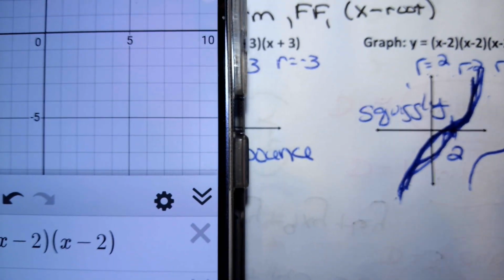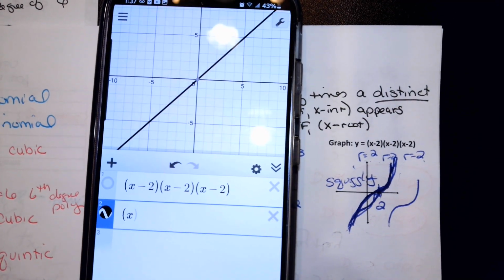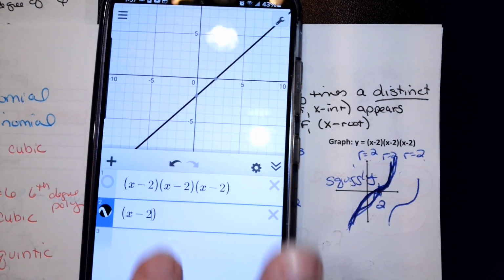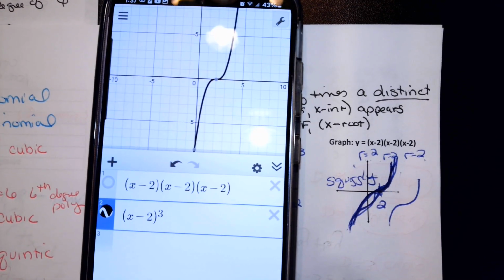All right, so let's come back here and just look at x minus 2 times x minus 2 times x minus 2. That is the same thing as x minus 2 raised to the 3rd. We see that squiggly.